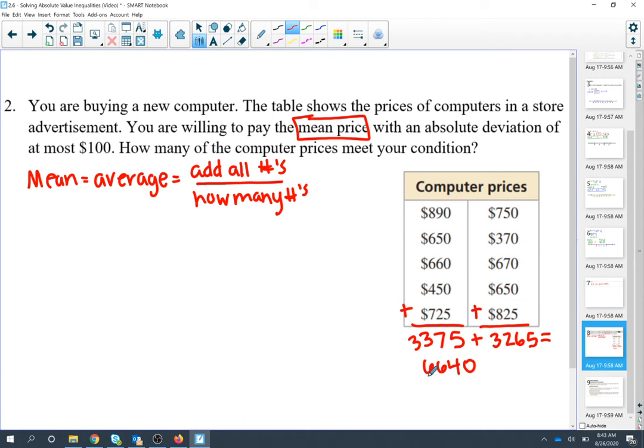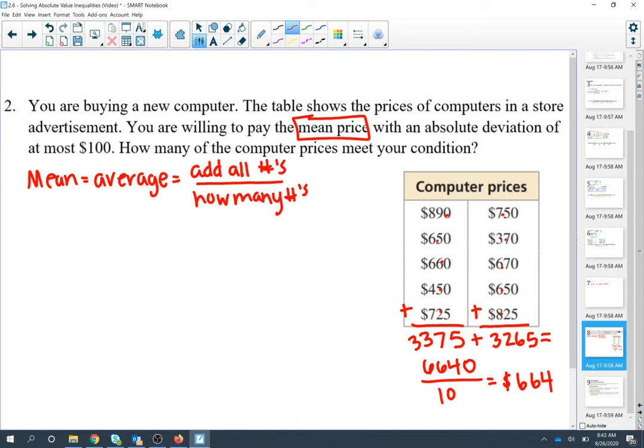But then I have to divide by how many numbers there are. So 1, 2, 3, 4, 5, 6, 7, 8, 9, 10, which gets me $664.